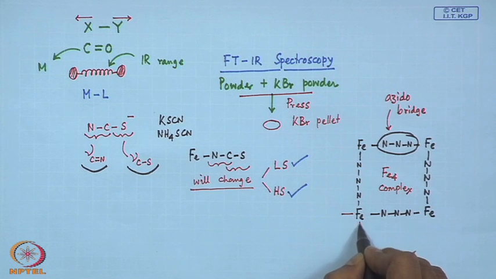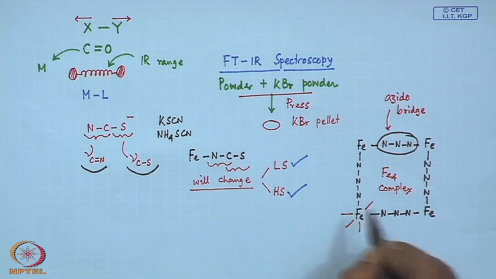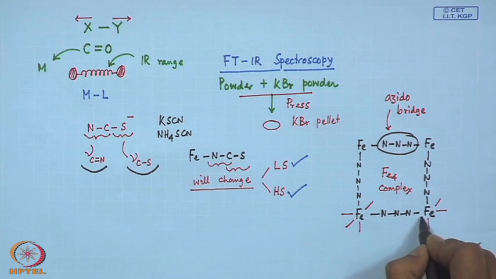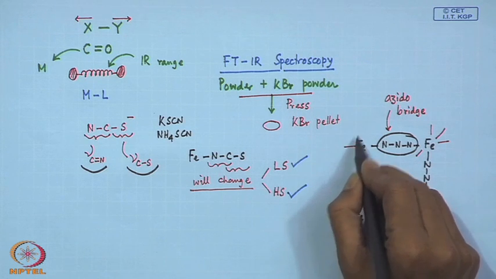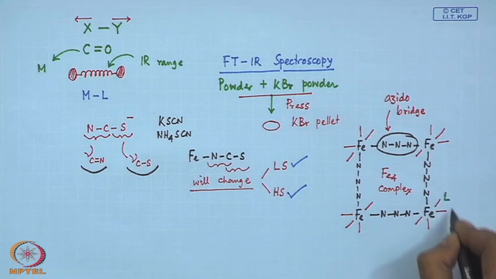So, when we have this particular connectivity for an Fe4 complex, we can have other free positions. So, 4 other free positions we can have, and there we basically place the monodentate ligands.